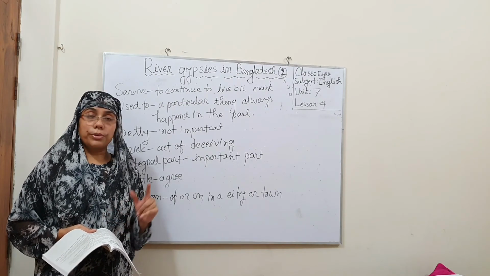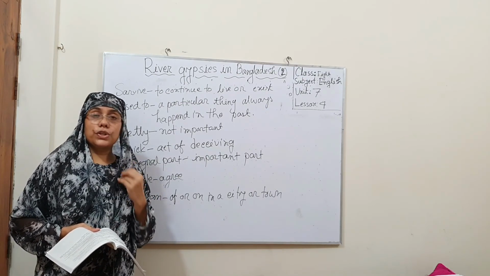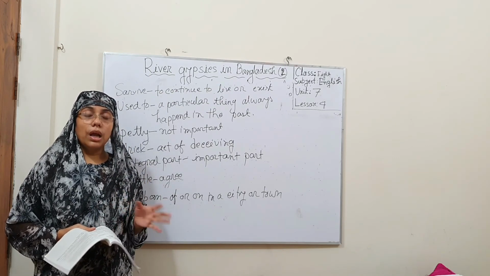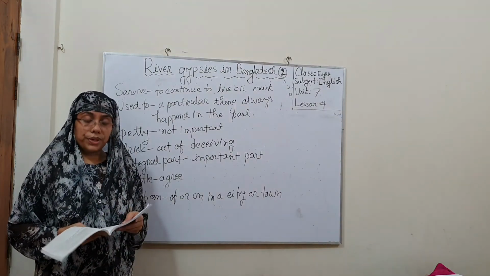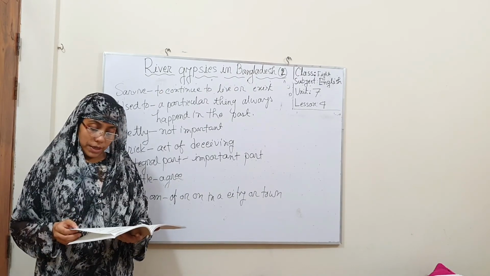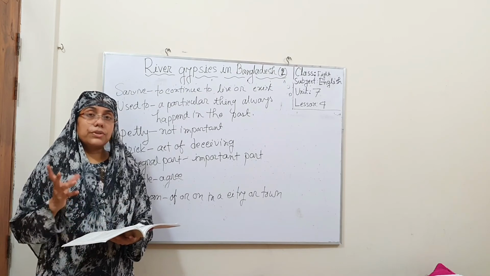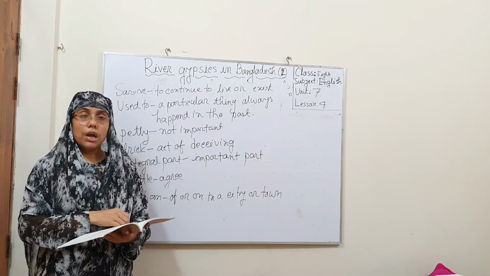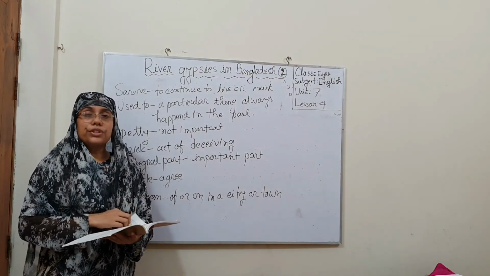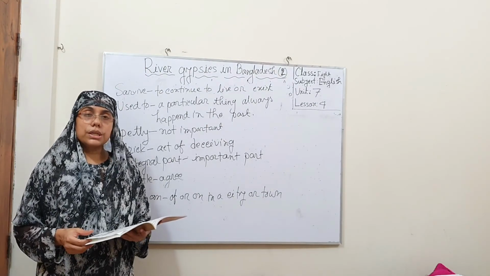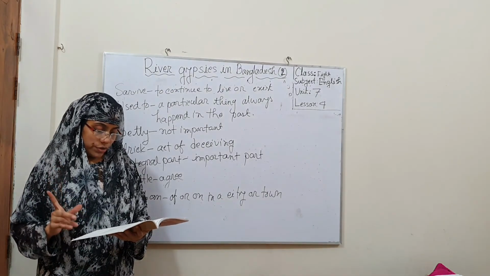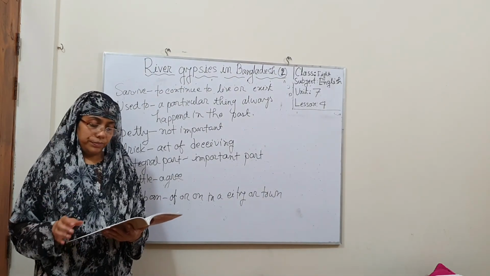And realizing this situation, some voluntary organizations have come forward for running mobile boat schools. And at the very beginning of this lesson, I showed you a picture in the textbook that this is a mobile boat school, and this school is for river gypsy children to educate them so that they can live in the mainstream of modern society.